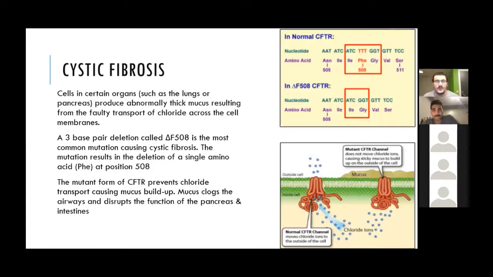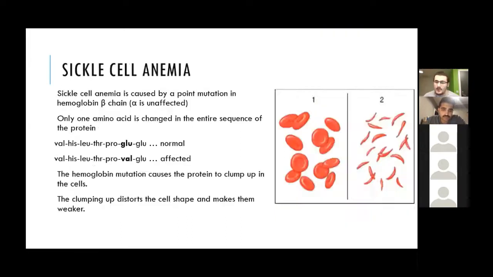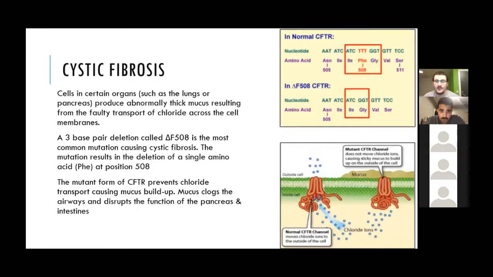Now let's move on to cystic fibrosis. Also, just to keep in mind, sickle cell anemia and cystic fibrosis are both autosomal recessive, so you need two alleles to be present for the condition to occur. Now, in cystic fibrosis, what is damaged is the CFTR channel.